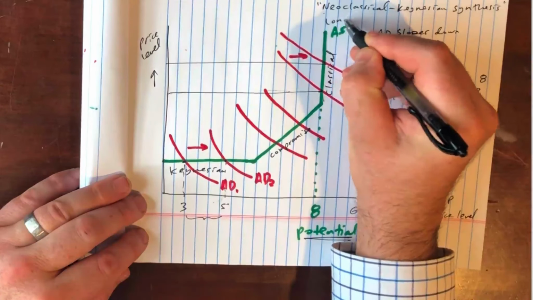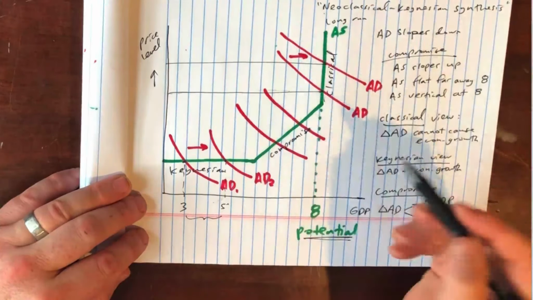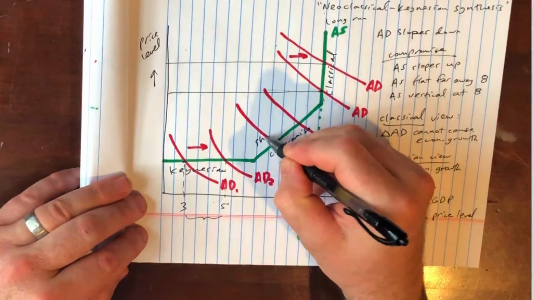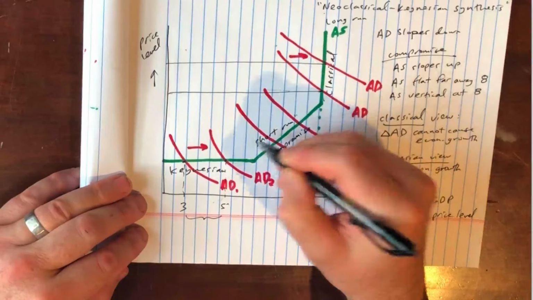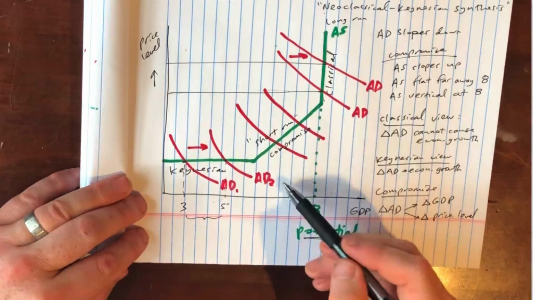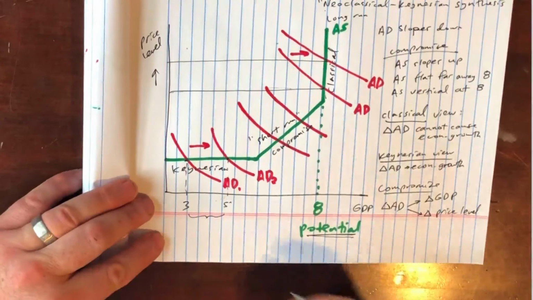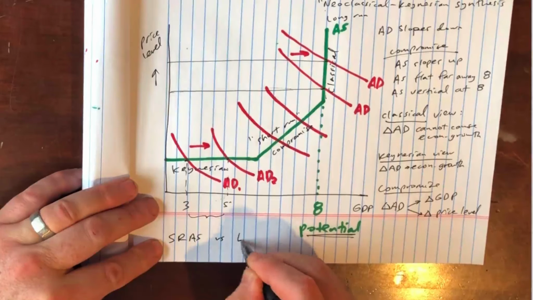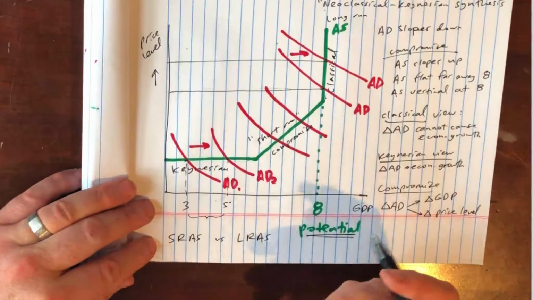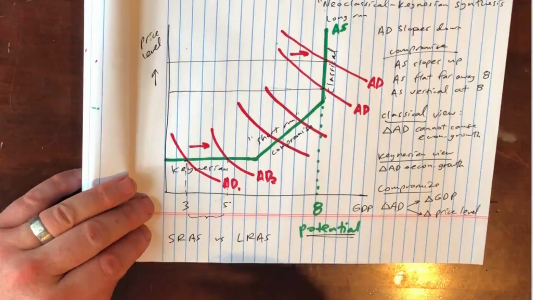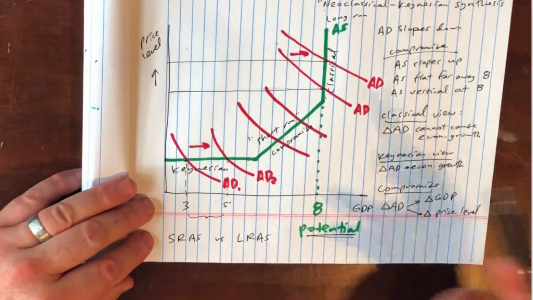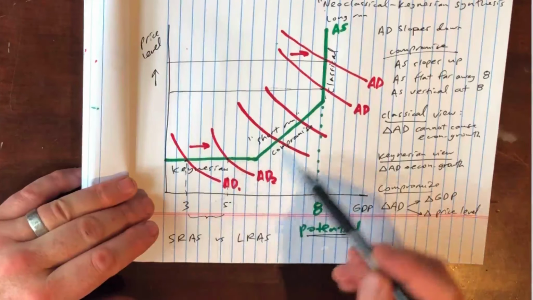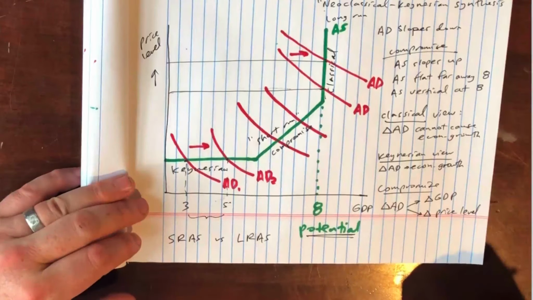In the long run, the aggregate supply curve is vertical, just like the classicals predicted. But in the short run, it's upward sloping, okay? So sometimes you'll see the SRAS versus the LRAS. I think that's kind of confusing because they have two different curves on the same graph, right? To me, it makes a little bit more sense to think about it in terms of this historical compromise.